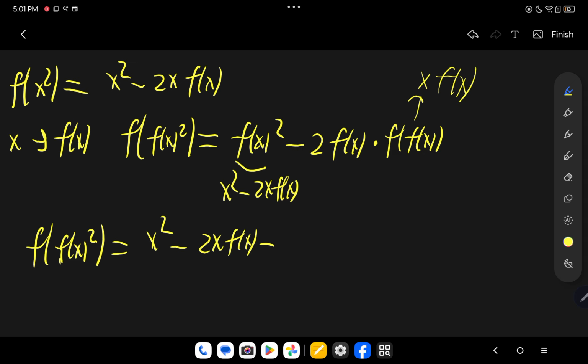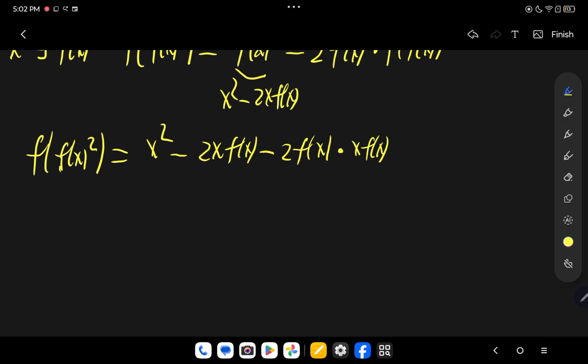Minus 2f(x) times x f(x), it's correct, and we will get that f(x) square is equal to x f(x).